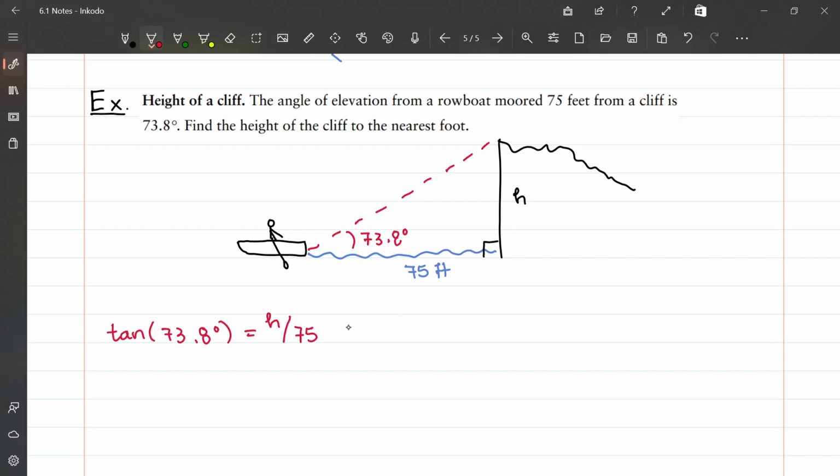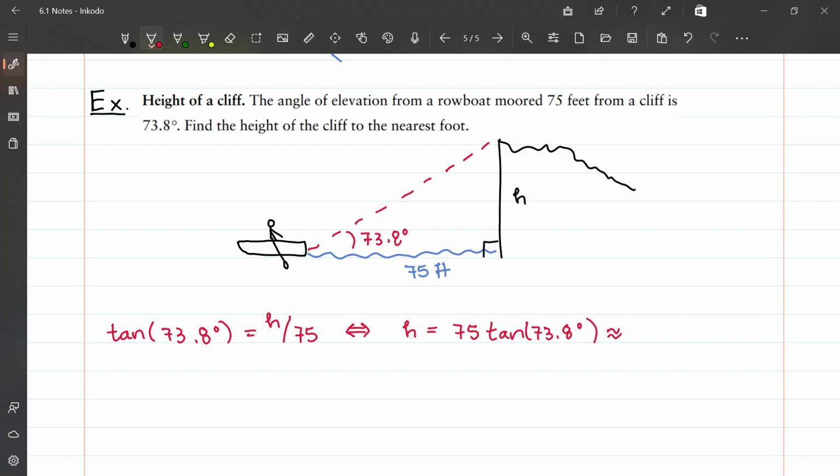Since I want to solve for h, I'm going to rewrite this equivalently by multiplying both sides by 75. That will leave h all by itself, and on the other side I'll get 75 times the tangent of 73.8 degrees. It tells us to round to the nearest foot, so we're going to be rounding to the nearest whole number.